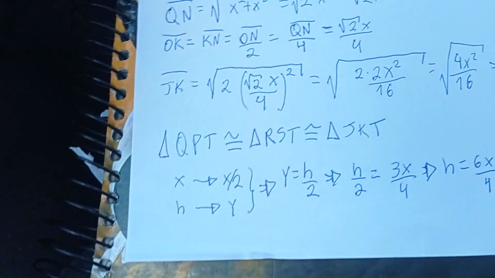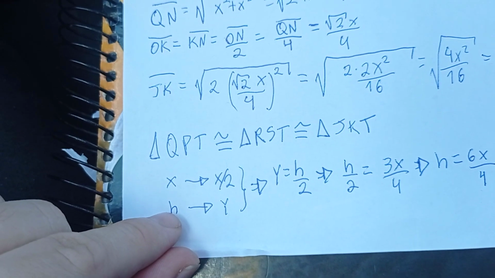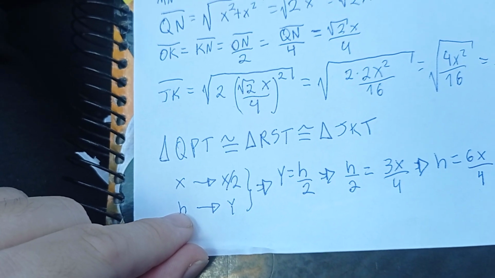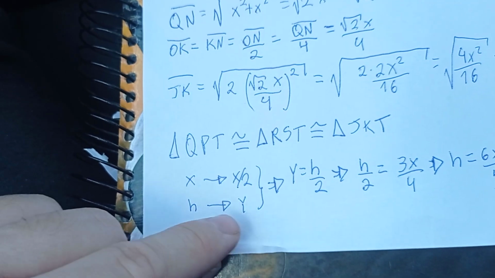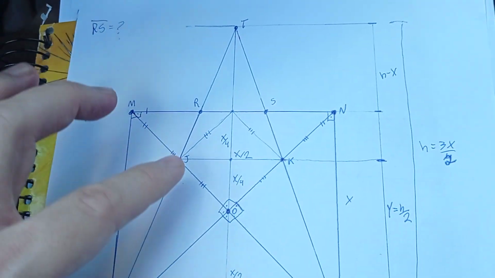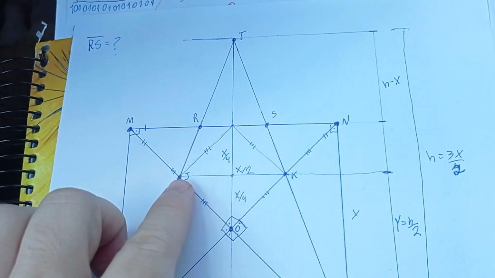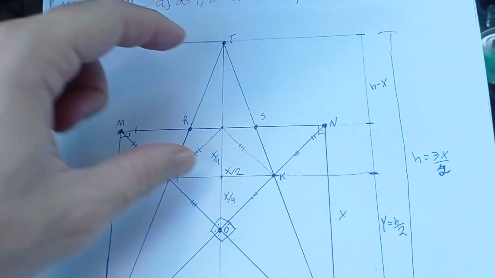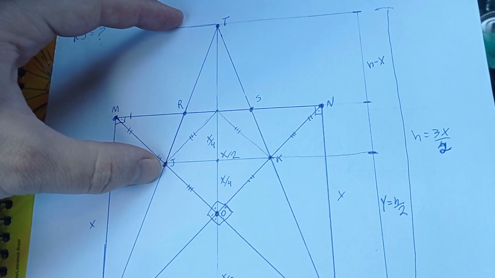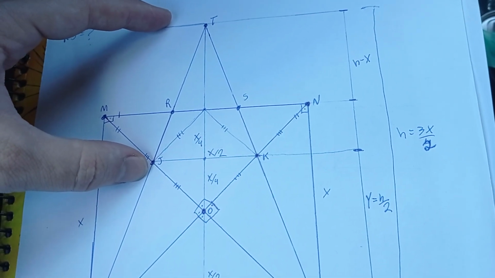This means that x is proportional to x divided by 2, just as the height of the big triangle is proportional to the height of the smaller triangle, which is, let's say, the mid-sized triangle, JKT, which we are going to call y.